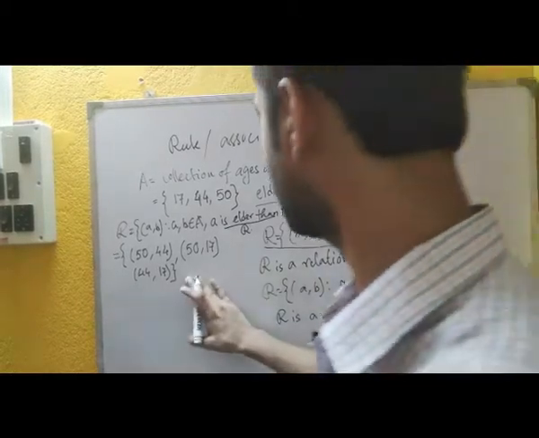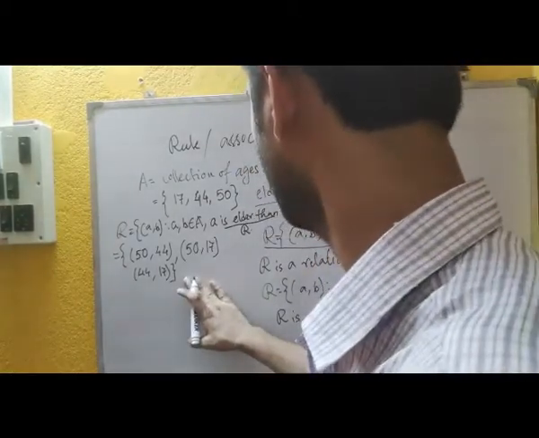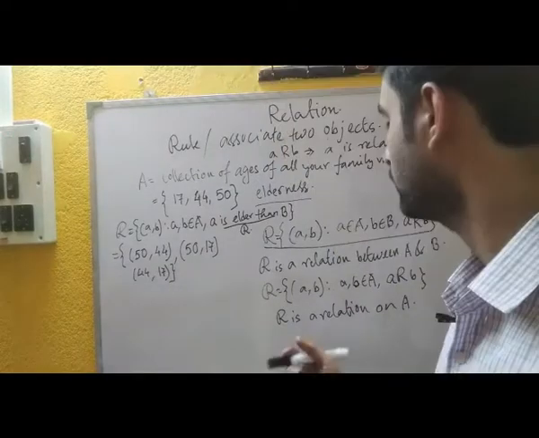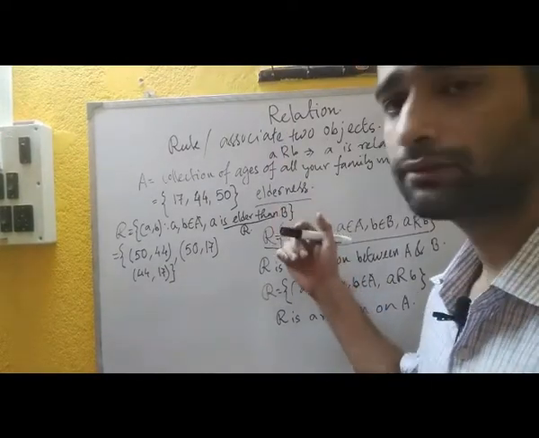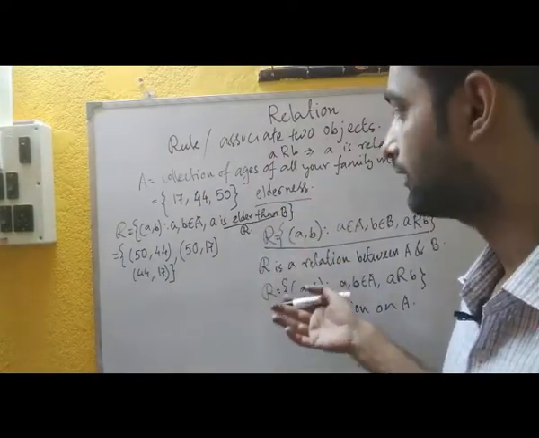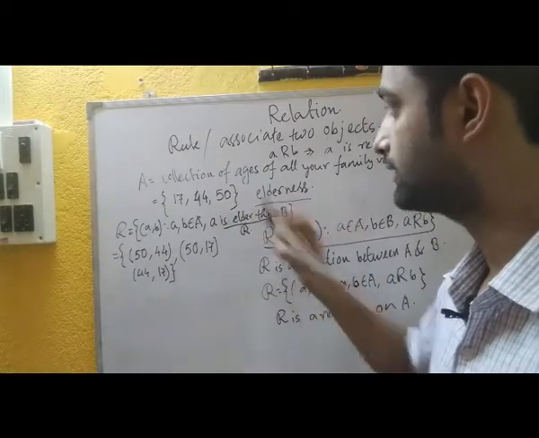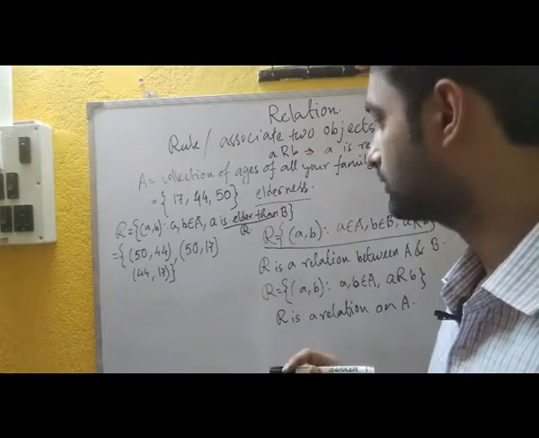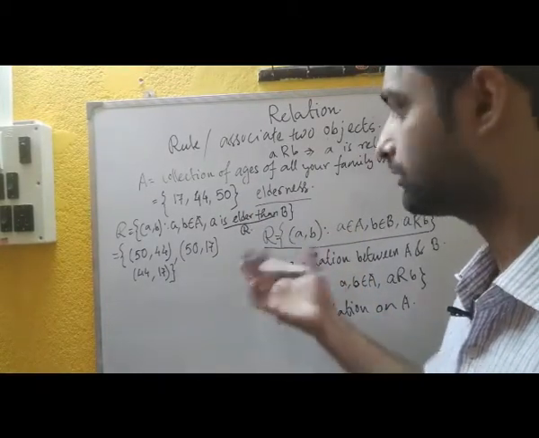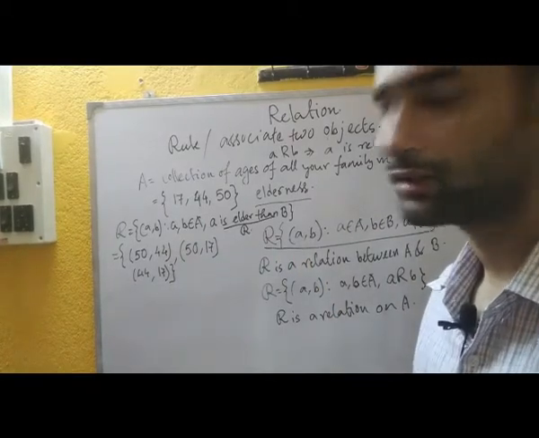So this is the collection for this relation. So this is how we can express the relation elderness within this set. So this is the way we construct relations.